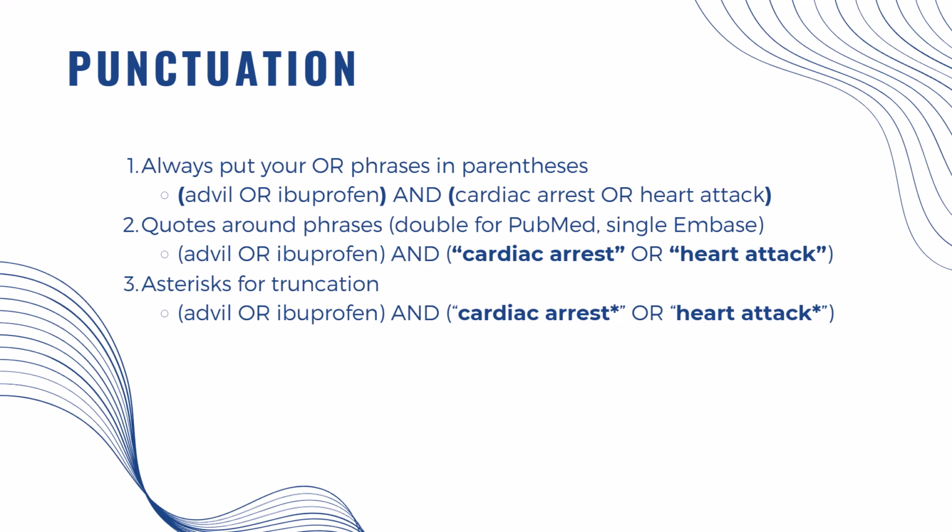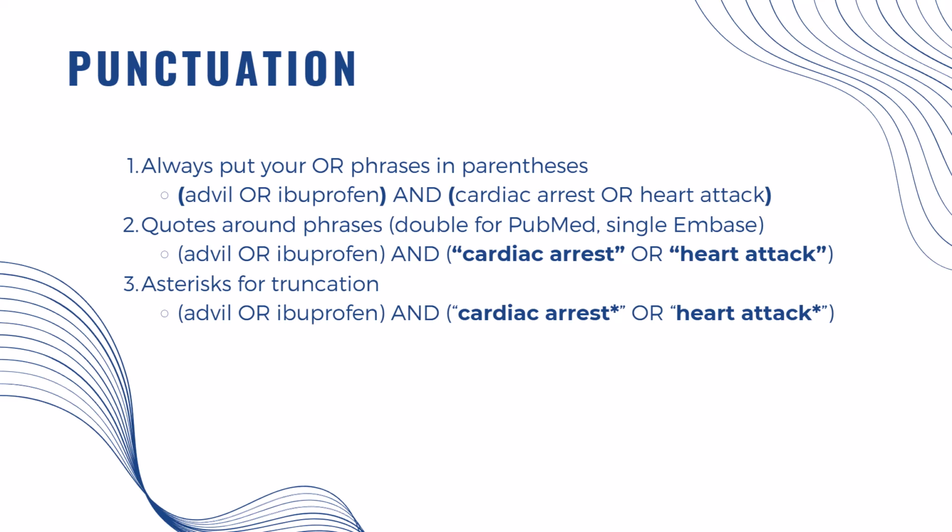Thirdly, it's important to add asterisks for truncation wherever it's appropriate. And what that means is that if I stick the asterisks at the end of cardiac arrest and the end of heart attack, it searches for cardiac arrests, plural, and heart attacks, plural.